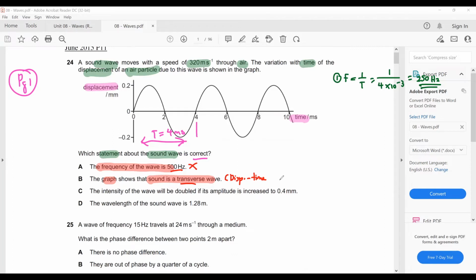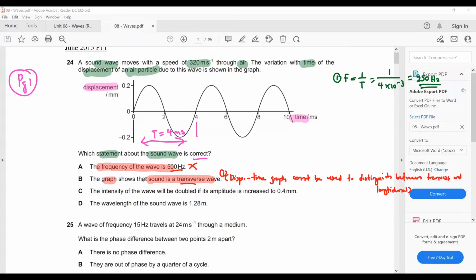What you can say is that a displacement time graph cannot be used to distinguish between transverse and longitudinal. Okay, this is fact number 1. Displacement time graph cannot be used to distinguish between transverse and longitudinal.